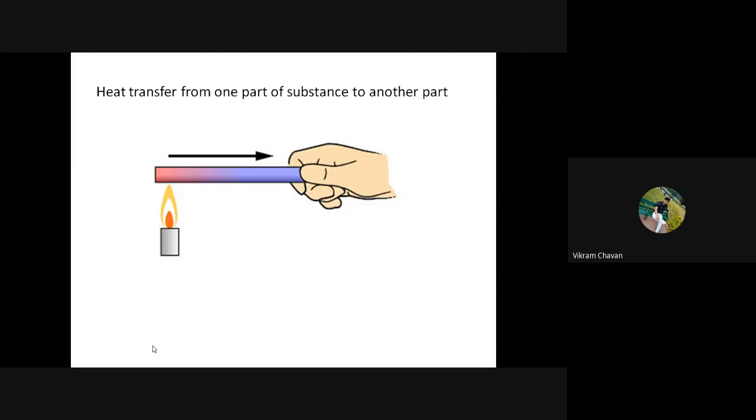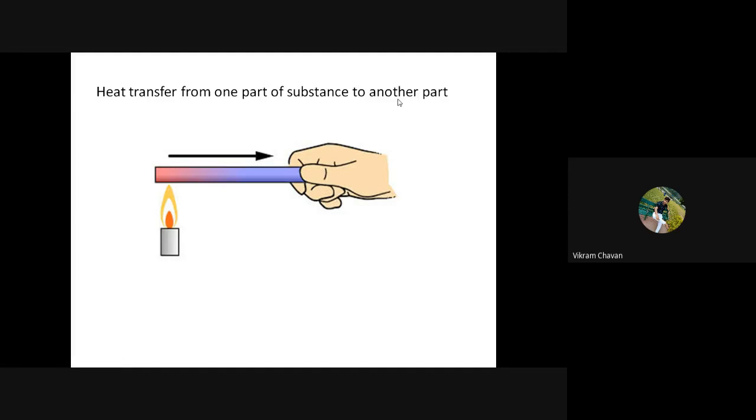Take the example of a person holding a rod over a burning candle. This portion will get heated because of the fire, and the heat will be transferred from this region of the substance to this region of the substance. That is heat transfer from one part of a substance to another part. Getting everyone?